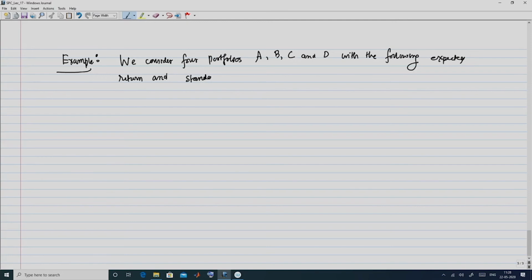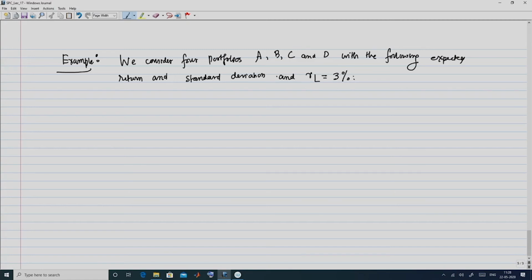So, we consider 4 portfolios which we will designate as A, B, C and D with the following expected return and standard deviation, along with the safety threshold R L being 3%.